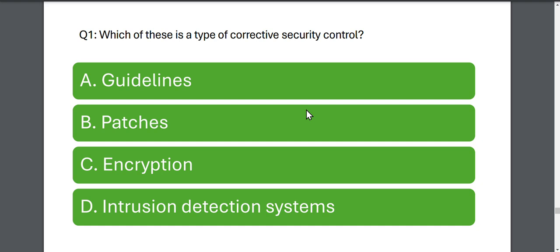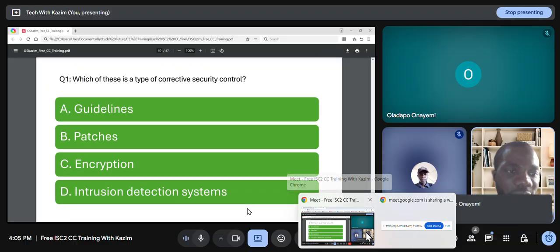In fact, if you joined yesterday's class, I talked about B, C, D. I know we didn't talk about guidelines, but guidelines are just expert recommendations from professionals on how to do something, right? They are not mandatory, just expert recommendations. So which of them will be the correct answer?